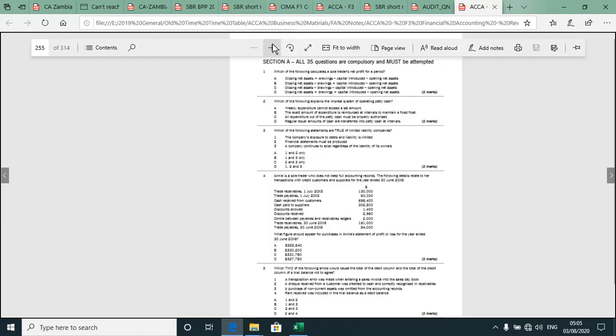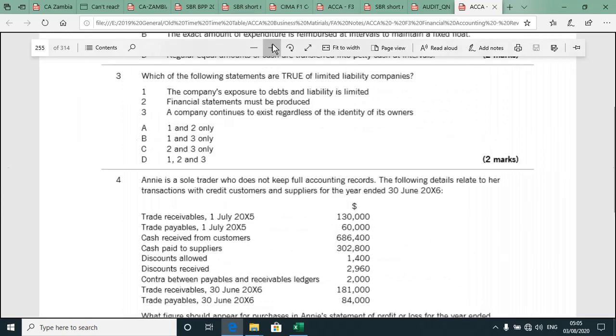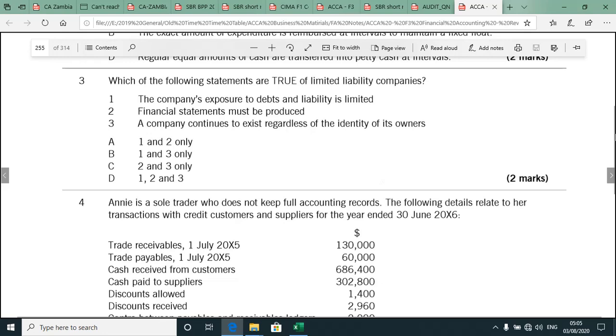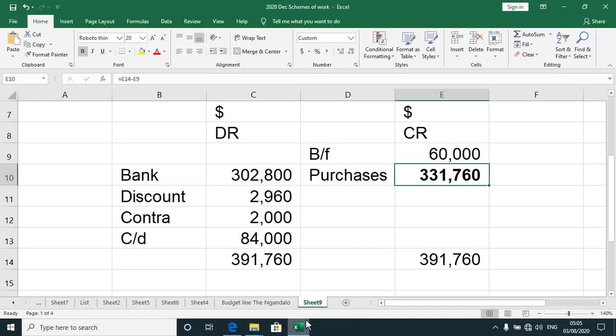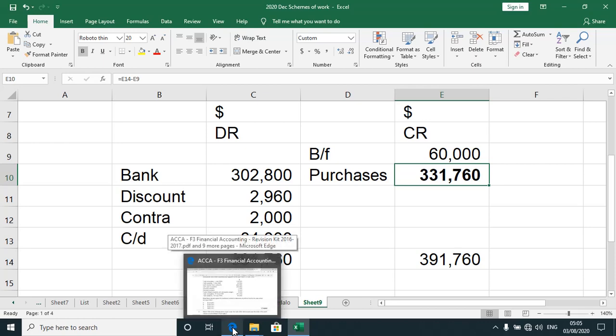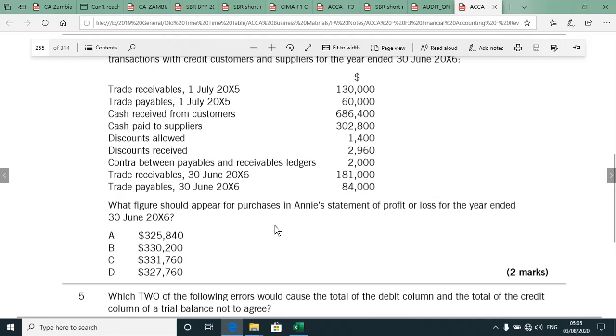Let me just enlarge that for us. I can see here a 3317 balancing figure, which I also have on the other side. So that is how you work out that question. I'd like to go to the next question. The best answer therefore there is C.